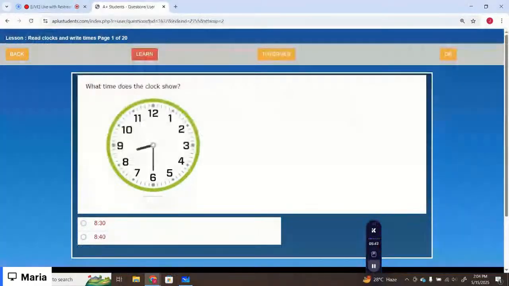What time does the clock show? So, which is the correct option? So, the shorter hand, like the hour hand, is between 9 and 12, which means it is 8, and the other one points to 6.